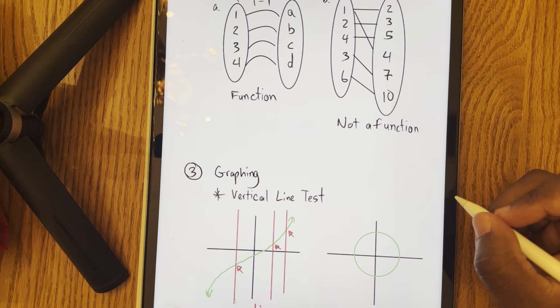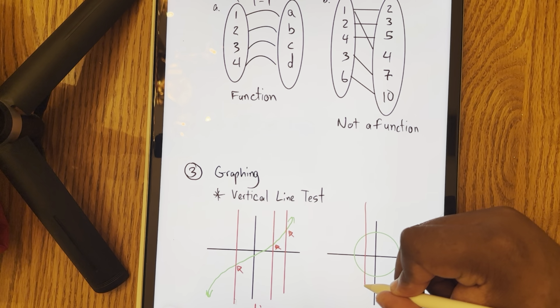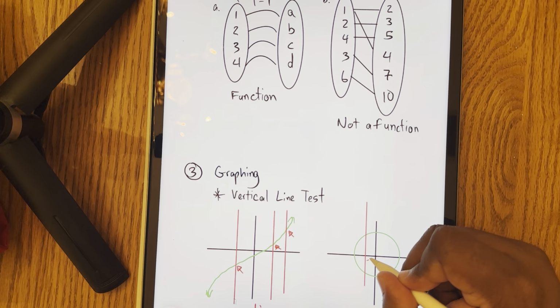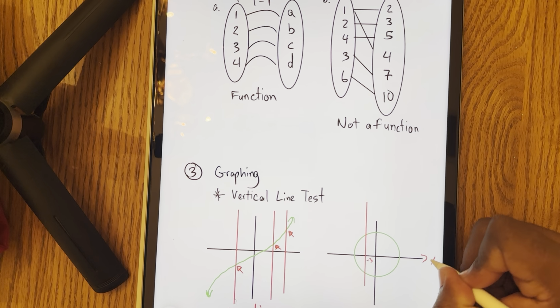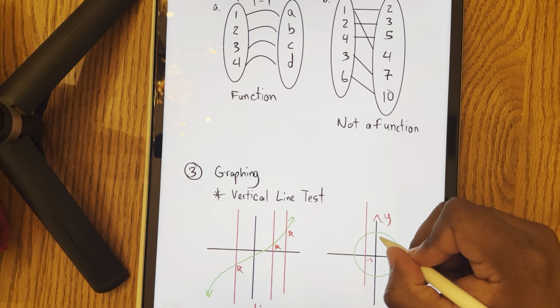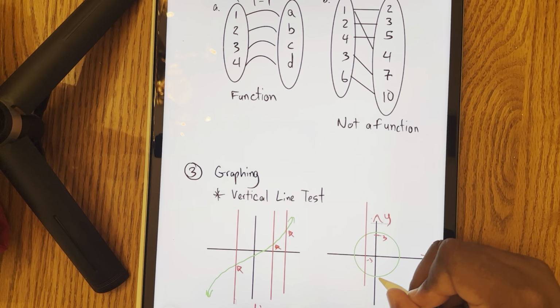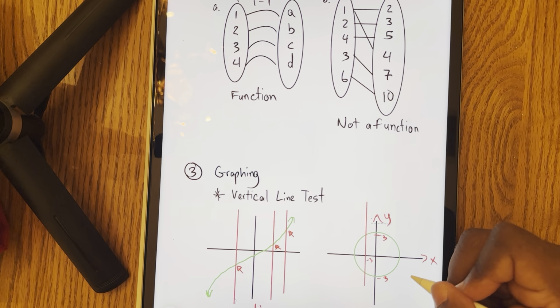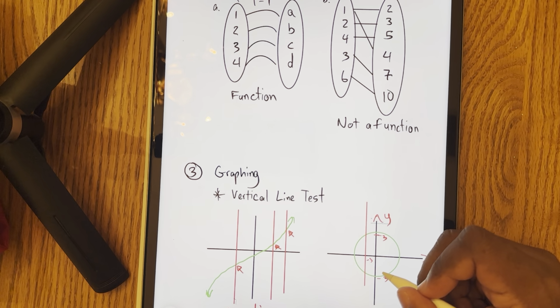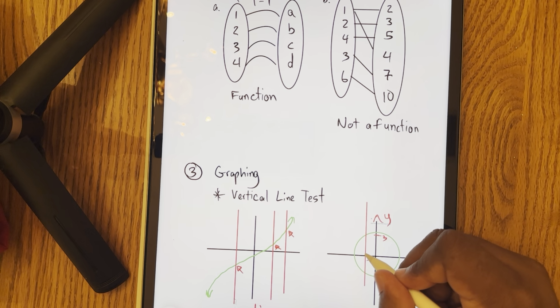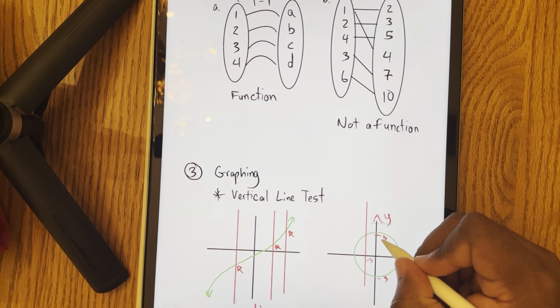A circle, on the other hand. Let's say this was -3 on the x-axis, and this was 3, and this was -3 on the y-axis. What this is saying is that your x value of -3 here has two values.